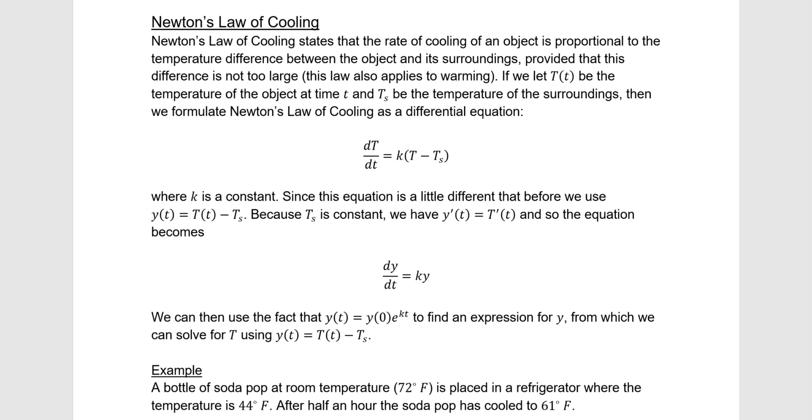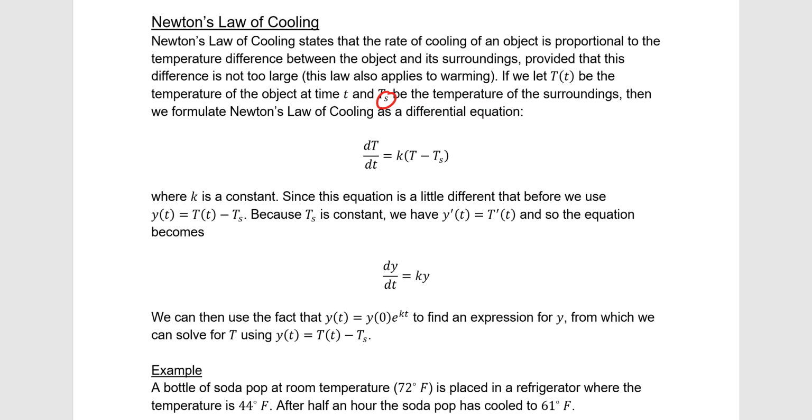A little bit confusing because we have t's everywhere: capital T of little t is going to be the temperature, so capital T is temperature, lowercase t is time. T of t is the temperature of an object at time t, and T sub s is going to be the temperature of the surroundings, s for surroundings.